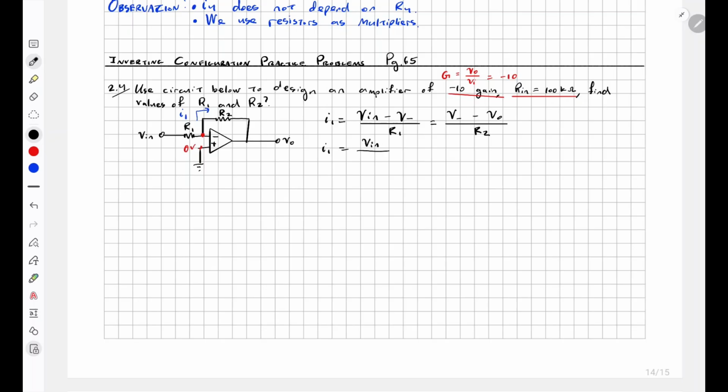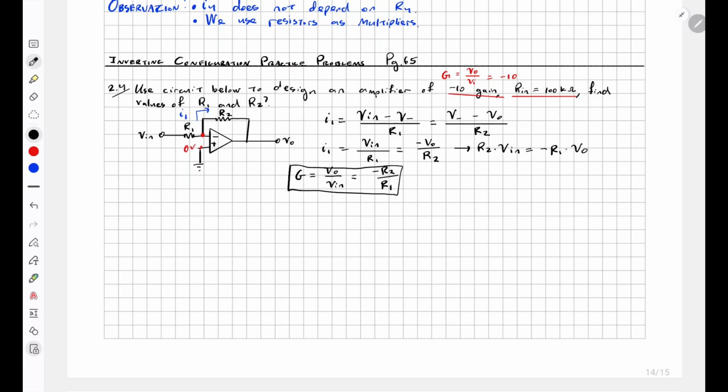So V in minus 0 divided by R1 is equal to 0 minus V out divided by R2. We can do a cross multiplication: R2 times V in is equal to -R1 times V out. So we know that the gain, V out divided by V in, is equal to -R2 divided by R1.